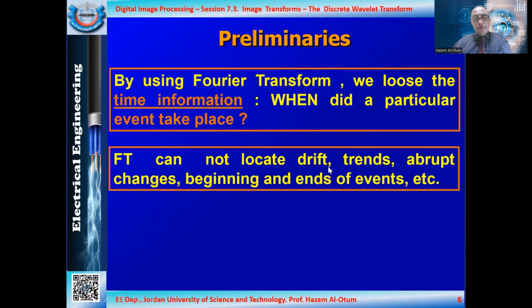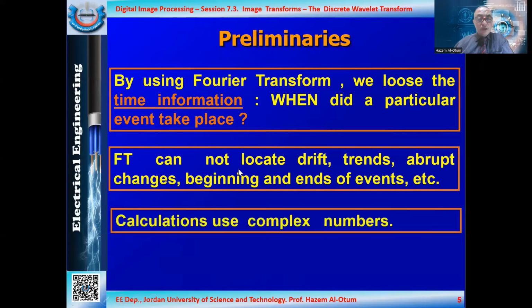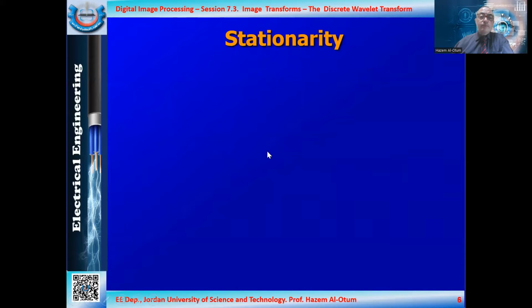For example, if we have a drift in frequency, or trends, abrupt changes, or very short time operations in the time domain, or the spatial domain in the case of images, these events will be lost when we find the Fourier transform as a spectrum for a long time observation. Moreover, the calculations in the Fourier transform are complex because we are using complex exponentials, and this leads to complex numbers. This is also one of the disadvantages of the Fourier transform.